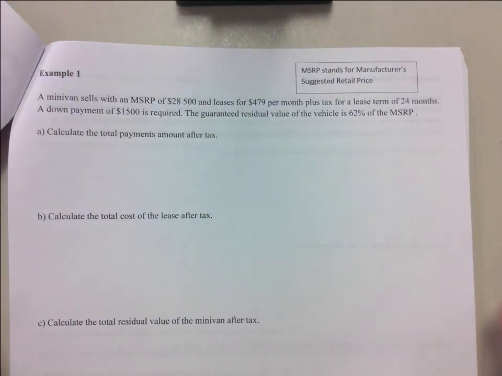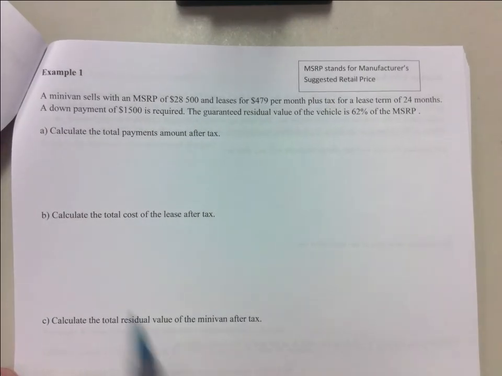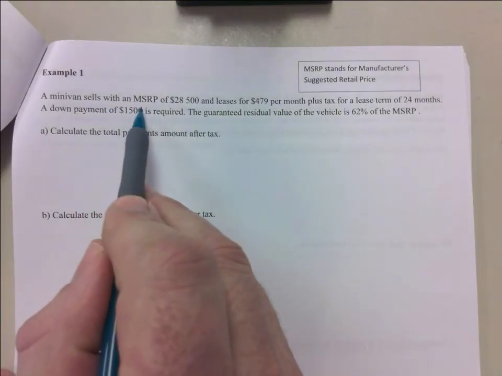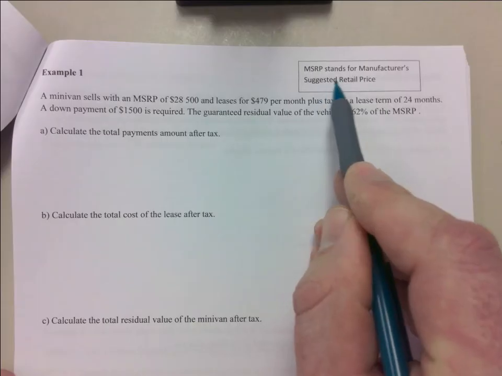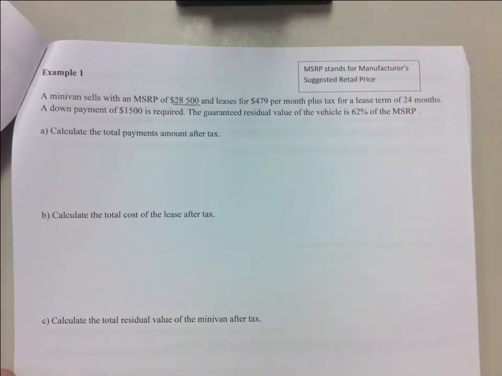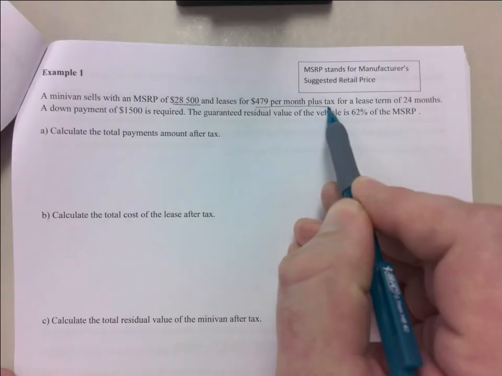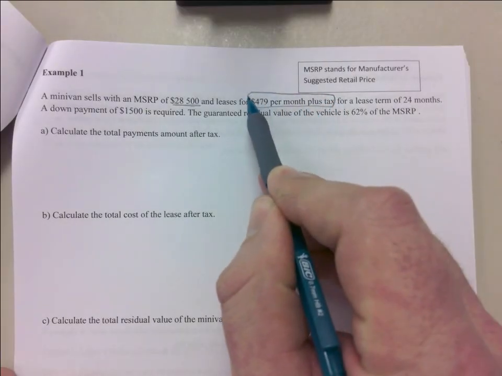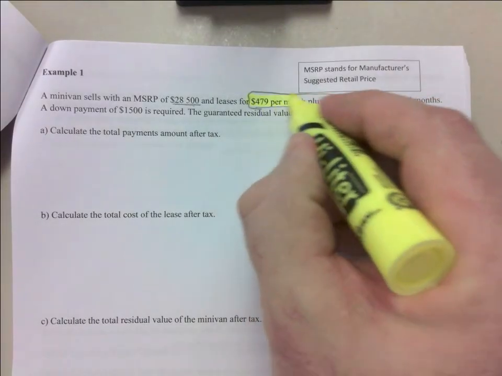So here we go. We're going to attempt to use our formulas as we see fit. A minivan sells for an MSRP. It stands for manufacturer suggested retail price. That's just the price that they suggest you sell it as a dealer, for $479 per month plus tax. So when you read that, what does this tell you?